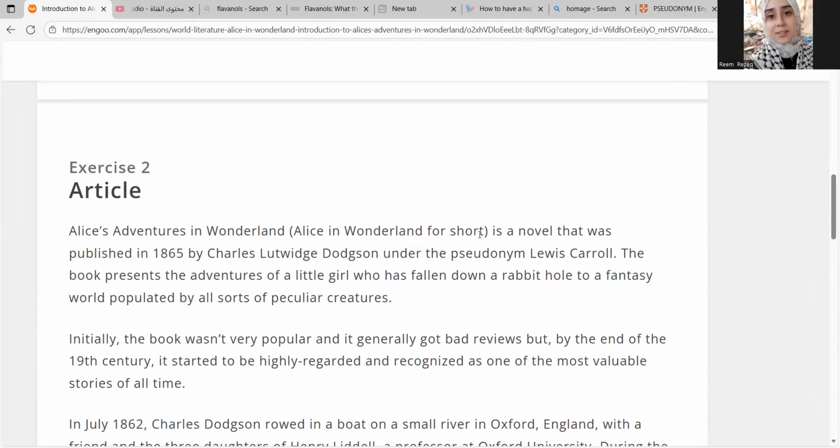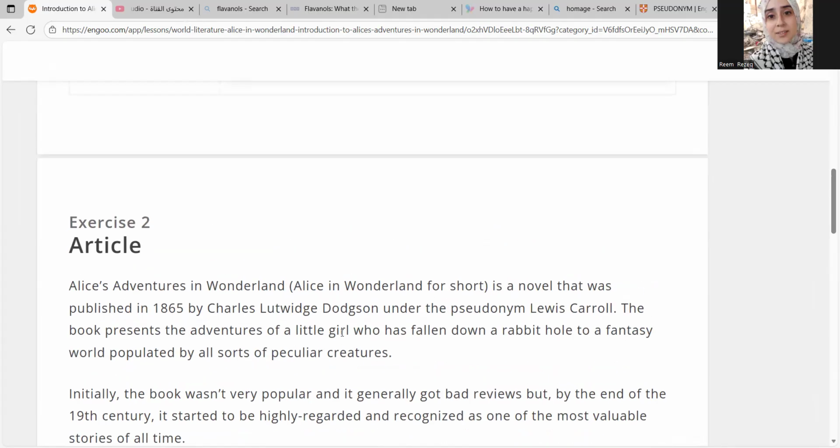Alice in Wonderland, for short, is a novel that was published in 1865 by Charles Lutwidge Dodgson under the pseudonym Lewis Carroll. The book presents the adventure of a little girl who has fallen down a rabbit hole into a fantasy world populated by all sorts of peculiar creatures.